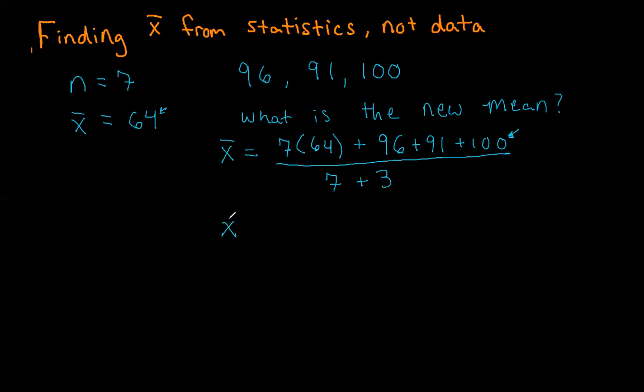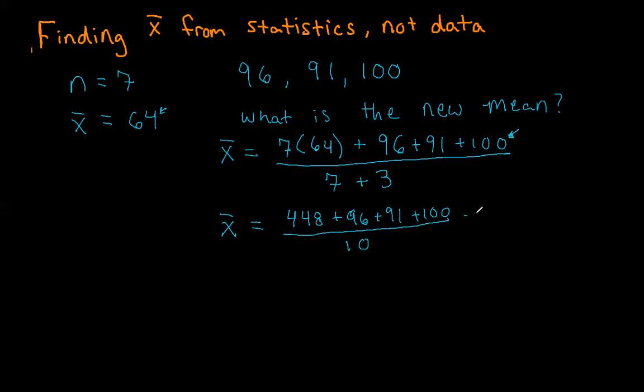So we'll just keep working through this and get our new x bar. Shouldn't be too bad. Just on a calculator, I would do 7 times 64. That's giving me 448. Again, plus 96, plus 91, plus 100, and that will all be divided by 10.